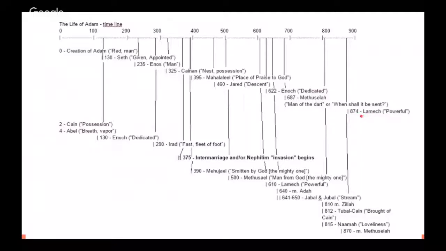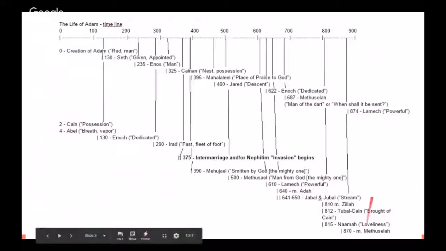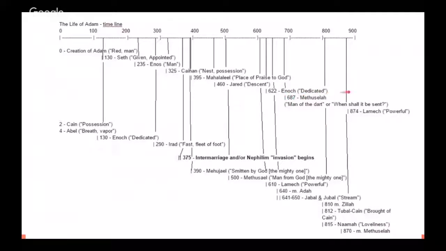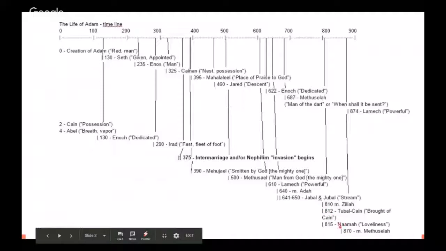And this is how it could have been. It could have come down. We're assuming now that Methuselah did not follow his dad's religion, at least not at this time. Or maybe Lamech's first daughter down here in the bottom, Naamah, meaning loveliness. But we don't know that for sure.